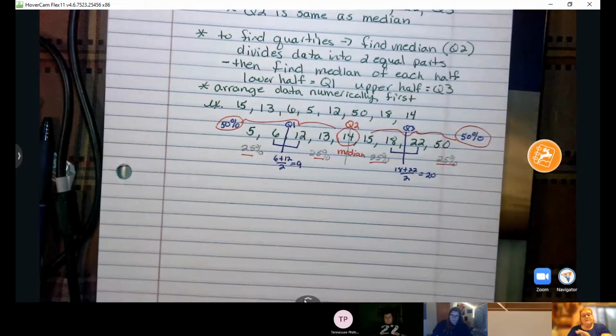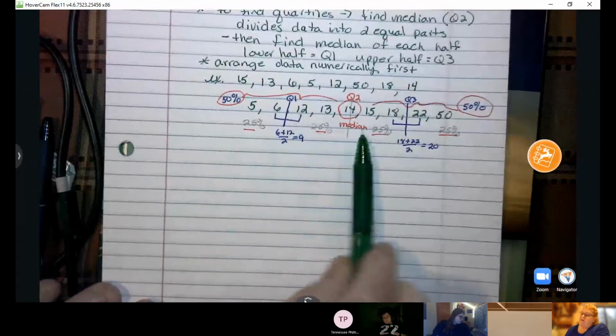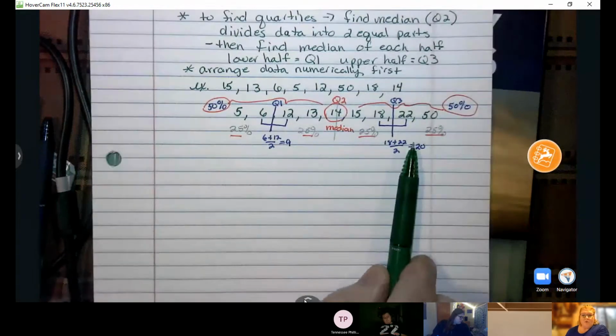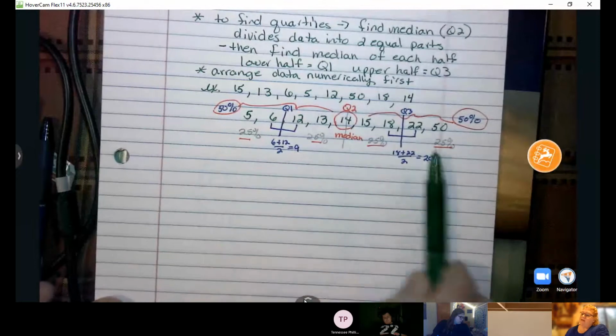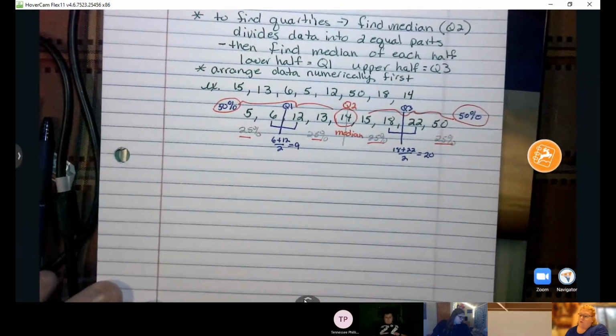And those percentages are important in terms of some questions that may be asked about how the data is affected by those quartiles. So it's not just about finding the location of the quartiles, it's also about interpreting the information from the quartiles.